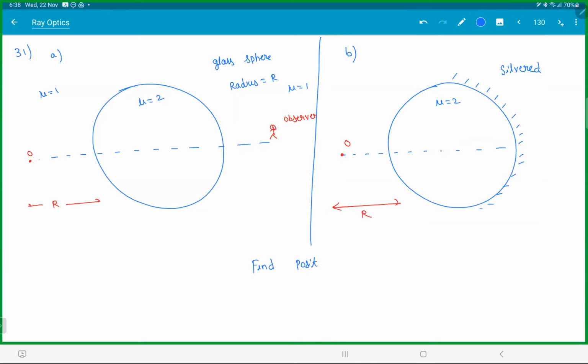Now, whenever they say find the position of image, meaning the image which forms after all reflections and all refractions. That means after that, light rays were not supposed to undergo any phenomena. So if they say find the position of the image, that's what they mean.